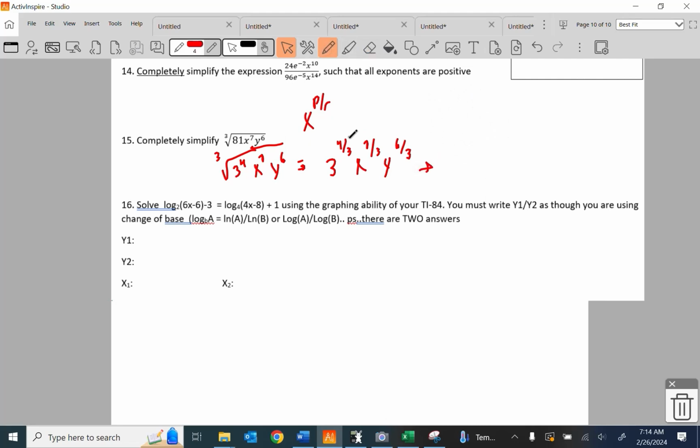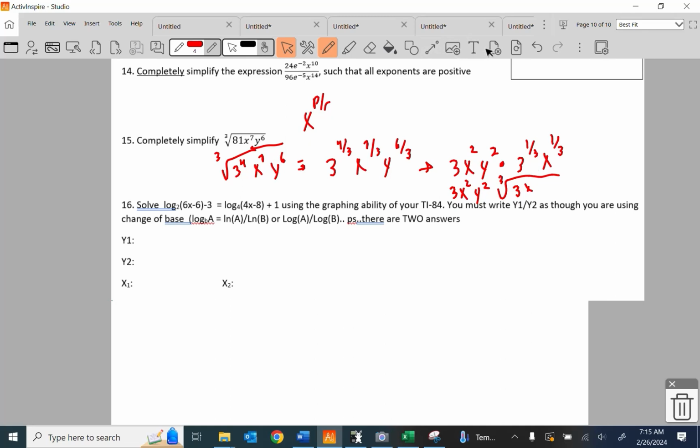But anyways, 3 enters 4 one time. There'd be one piece of 3 left. 3 enters 7 twice. There'd be one piece of x left. 3 enters 6 twice. So I get all these nice things done, and then I still got this. This is just one way of explaining it. Third root is the cubic root of 3x. That's one way of doing it.